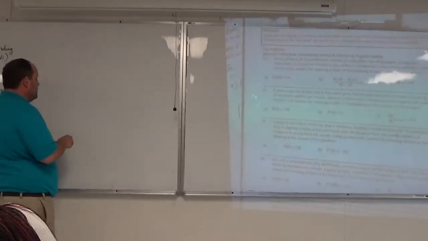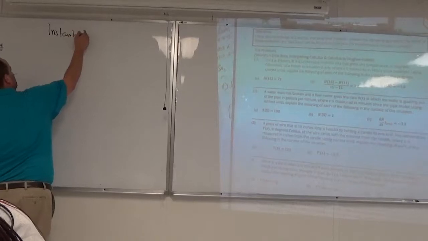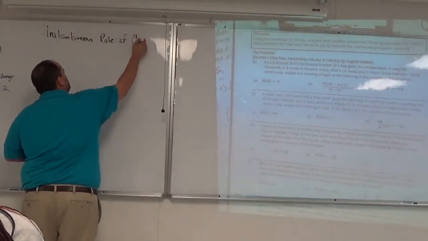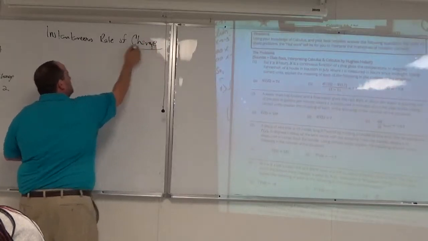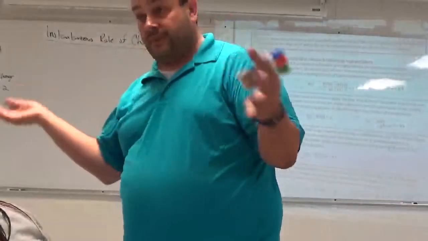All right, so yesterday we started on this idea of instantaneous rate of change. You might just want to write this on a separate sheet of paper somewhere. Instantaneous rate of change is just another way for me to say derivative.